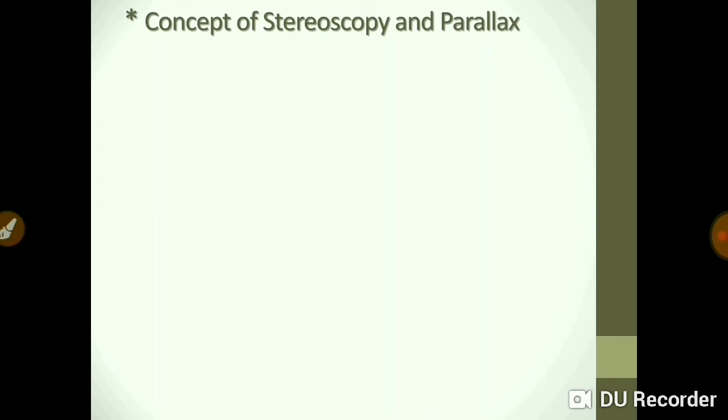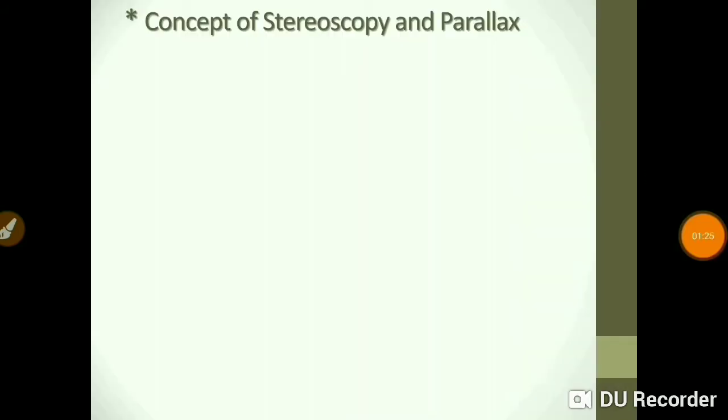So stereoscopy is one of the techniques by which we can find out difference in elevation, or simply I can say it is used to find out the height of any object on the ground.